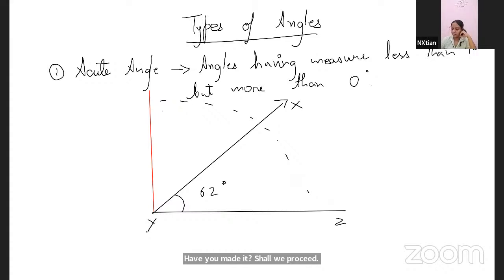So next we will see, I'm clearing this screen now. Next, we will see about obtuse angle.